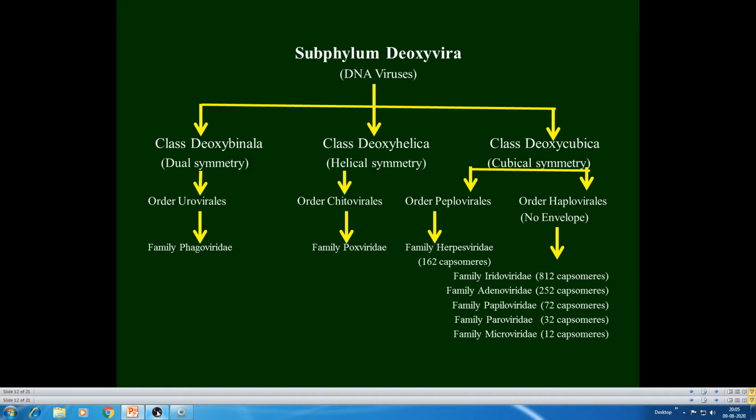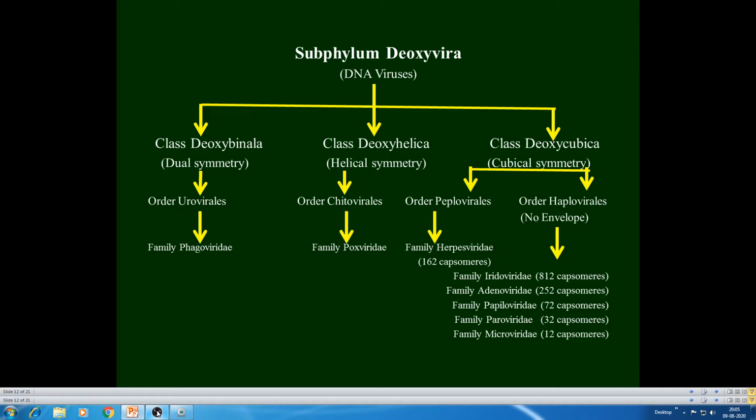Then coming to family. Each order has one or more families. Order Urovirales has only one family, that is Phagoviridae. Family names end in -viridae. Not like in the case of angiosperms, where the family ends in the suffix -aceae, such as Papilionaceae, Caesalpiniaceae, Rubiaceae, Malvaceae.